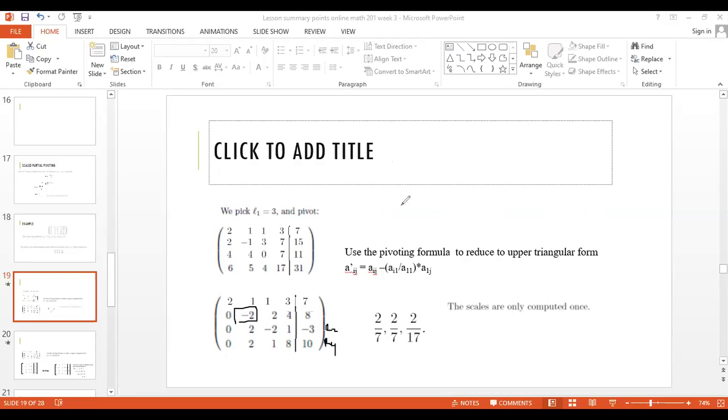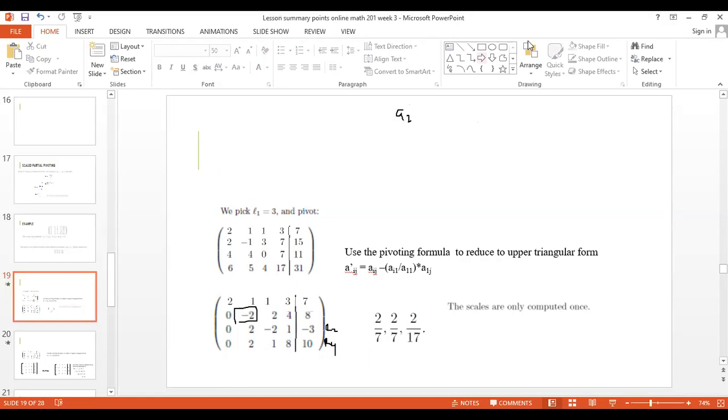So A22 new is going to be 2 minus the leading coefficient 2 over the pivot, which is -2, times the value on top, which is -2. So -2 cancels out this, and 2 minus 2 is equal to 0.